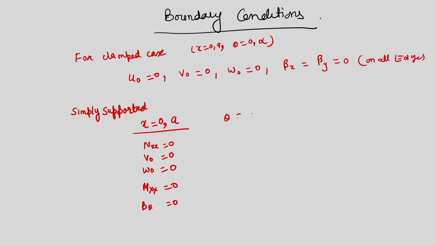For theta 0 and alpha, u 0, n theta 0, w 0, then m theta theta 0 and beta x is 0.